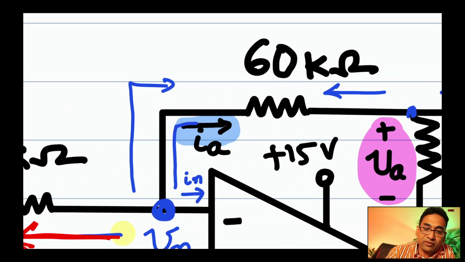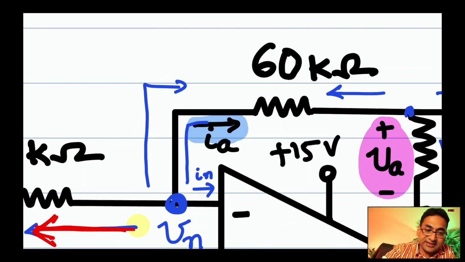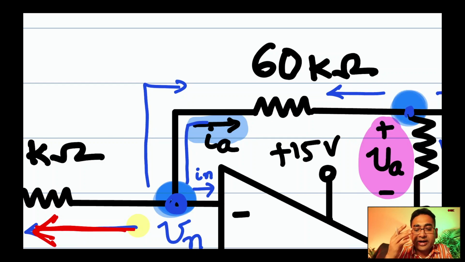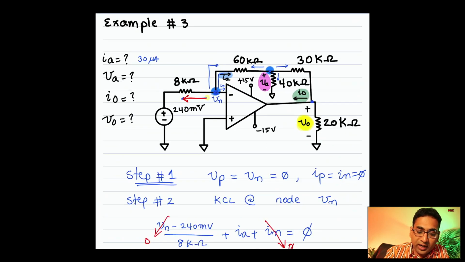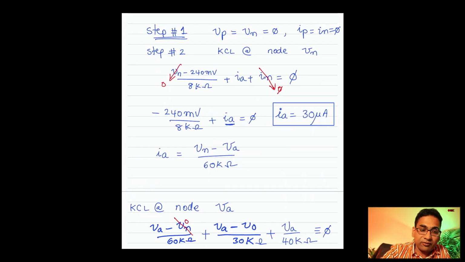Because the current flowing in this branch is the voltage at this node minus the voltage at this node divided by the resistance over here. We know the value of Vn. Vn is going to be 0. So we should be able to calculate the value for Va.